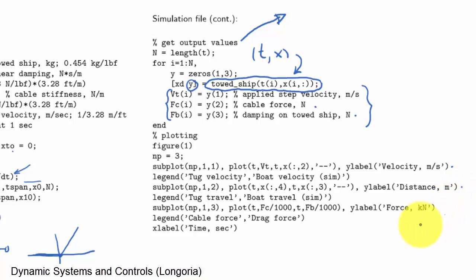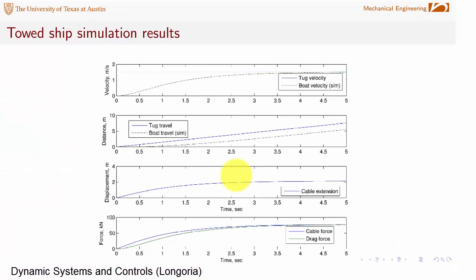Let's look at what the results look like for this simple example. So I've got the velocities, distances, and forces here. The first one shows the tug velocity, which is constant, and then the boat velocity, you can see the boat is accelerating and reaching finally a steady velocity.